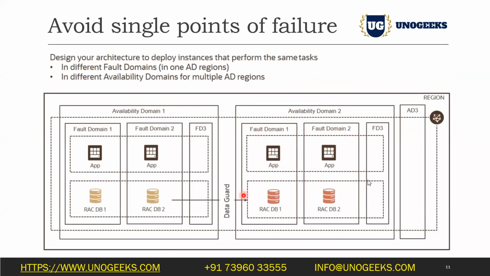That is how you avoid a single point of failure, so that even if AD1 goes down, you can fail over to a second availability domain available in that region. The same goes for the application node as well. This is in terms of having multiple ADs, and this is how you leverage the resources and go with this kind of architecture.